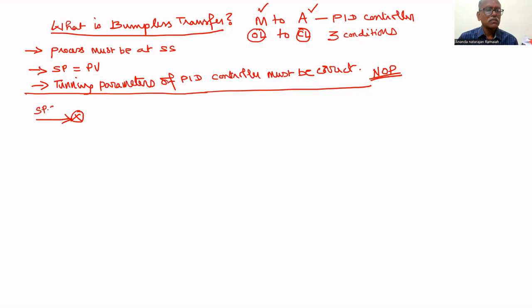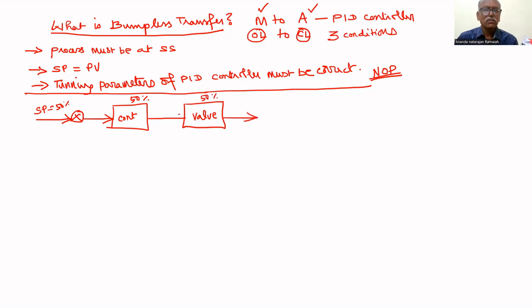To understand the bias, let us assume that set point equal to 50%. Controller is giving 50% output. Therefore, the valve is opening 50% because controller gives 50% output.